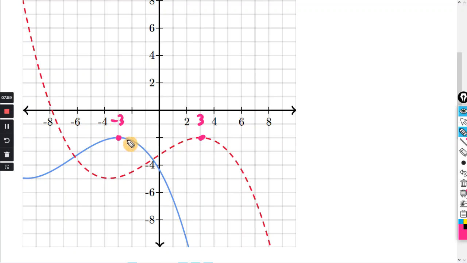So the dotted line shifted to the right by 6 units. Now remember, for right, left, it's actually the opposite. Okay, you would think it's +6, but it's actually going to be -6 inside the parentheses. Okay, so that's going to be f of x - 6.